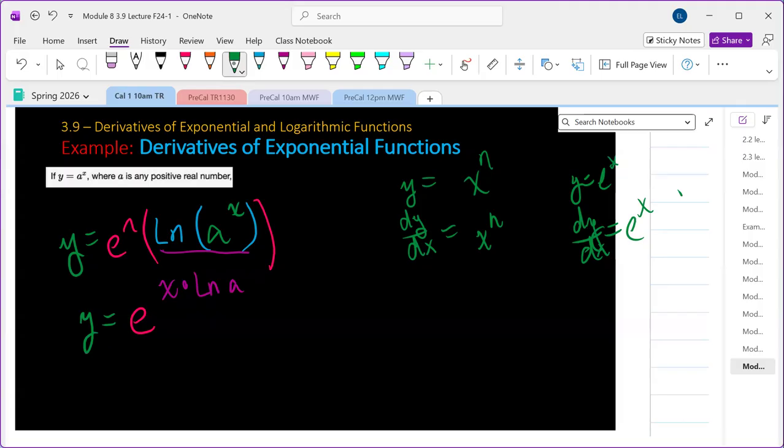So now our function y equals e to the x times natural log of a, now I can do my derivative, which is just the e function itself again, e to the x natural log a, times the natural log of a.